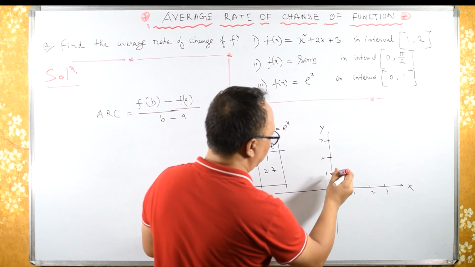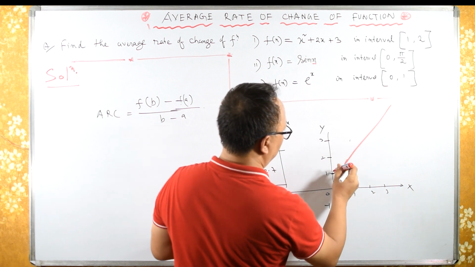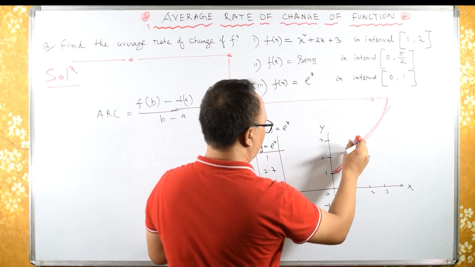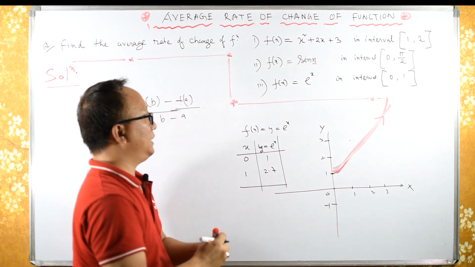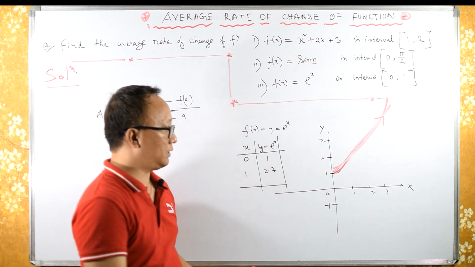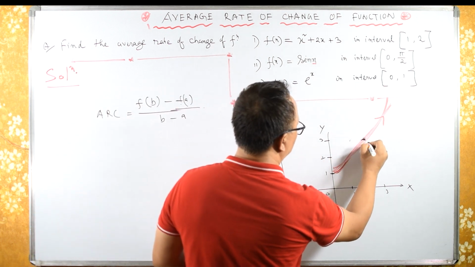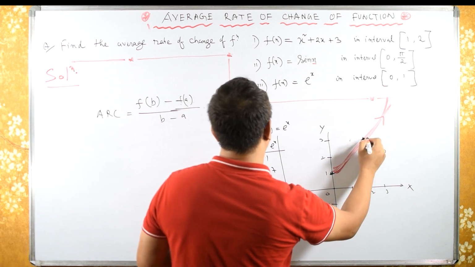So this graph is like this, it keeps on increasing exponentially. So e raised to x is always exponential, and an exponential function is always an increasing function. So 2.7 is somewhere like this, and here we have a point over here, and a point over here.